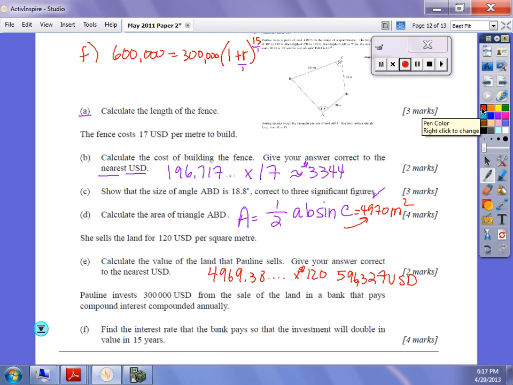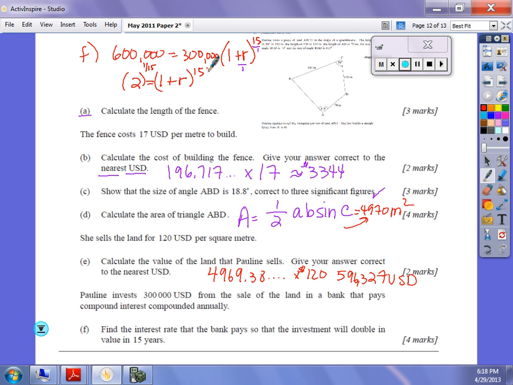So we're going to calculate the rate, and we'll end up with, so divide both sides by 300,000, so 600,000 divided by 300,000 is 2, is equal to 1 plus the rate to the power of 15. Now, in your calculator, there's an nth root button under math, or you could raise both sides to the power of 1 over 15.